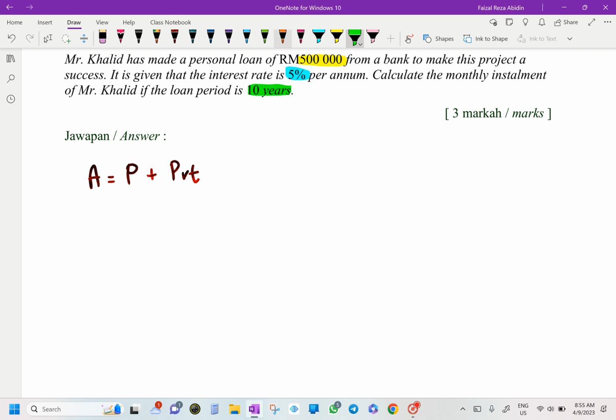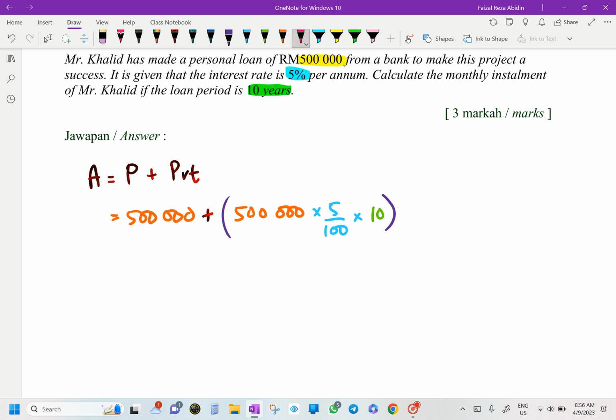Yes. So we are going to substitute principal 500,000 plus, okay, this one also a principal 500,000, but this one you must find first. That one is going to be the interest charged to you from the bank. This one is going to be 5%. This one is going to be in years, 10 years.